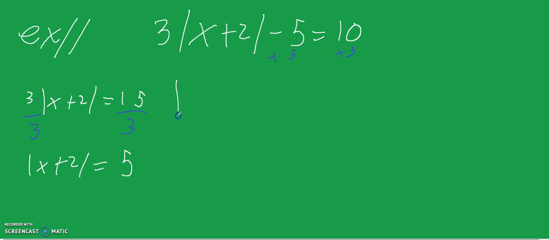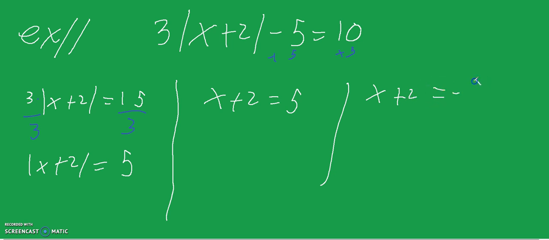So I can make my two equations. I get x plus 2 equals 5, and x plus 2 equals negative 5. Whatever's on the inside of the absolute value stays the same. I just make the number negative for my second equation. Now I've got to solve for x. So I subtract 2, subtract 2, subtract 2.